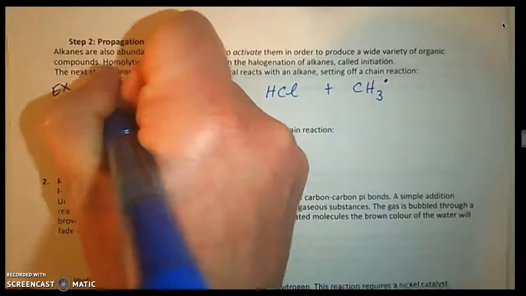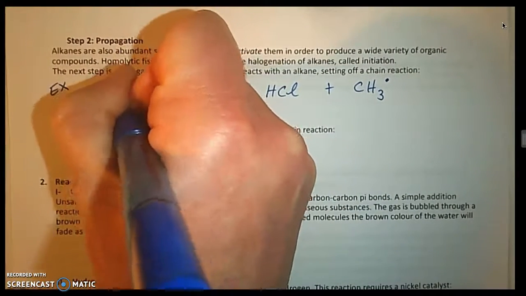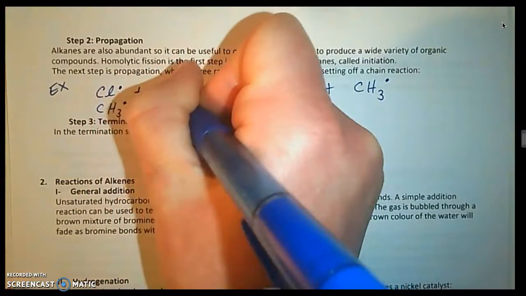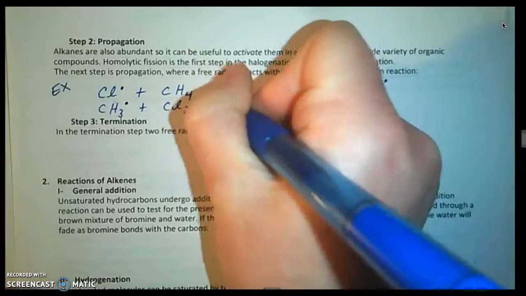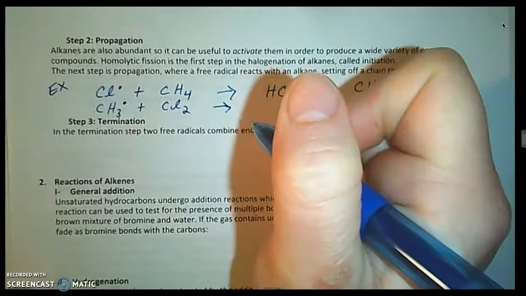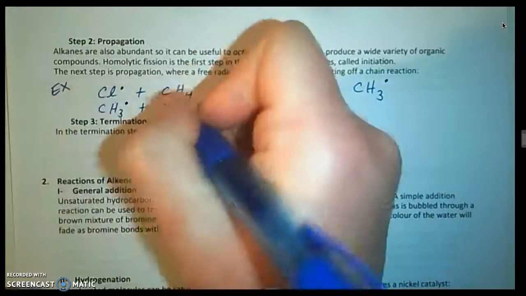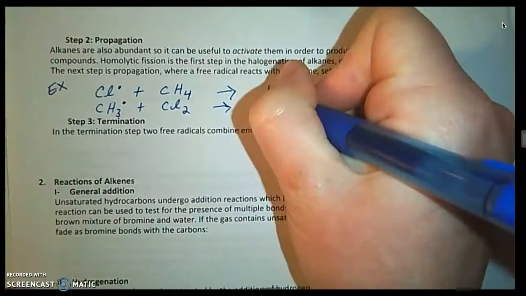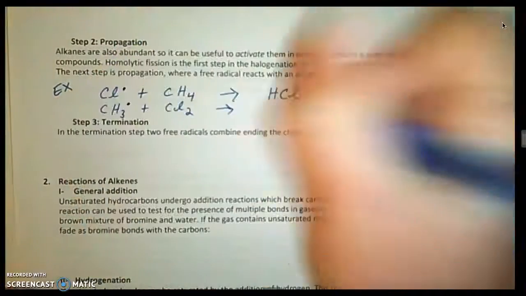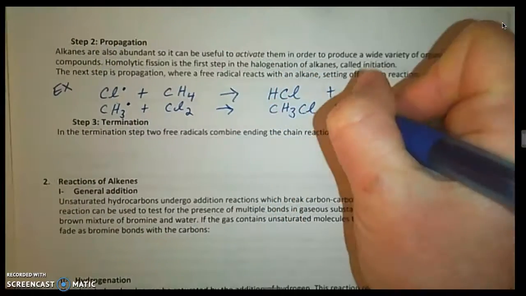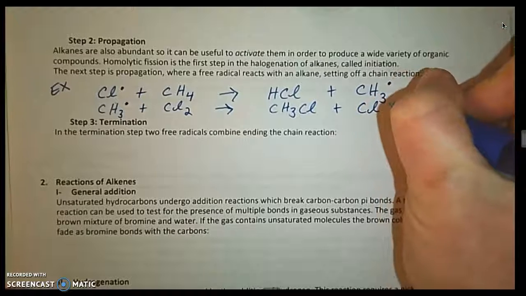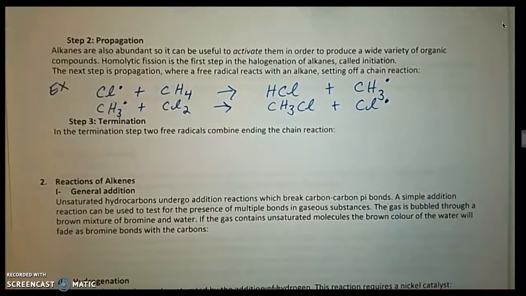If your methyl radical that we just made ran into an intact chlorine molecule, then it could scoop one of those chlorine atoms so that it no longer has an unpaired electron, making CH3Cl, and then it reproduces a chlorine free radical, like that.